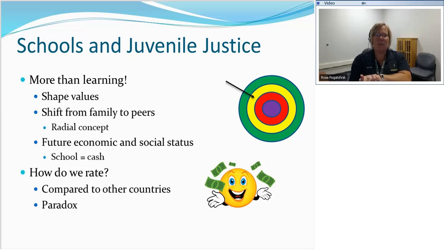What I think is really interesting and sad at the same time is the United States is one of, if not the most wealthy countries in the world. The paradox of that is that we don't rank highest, not even close to highest, in what we spend on education. And I think that's really, really sad.